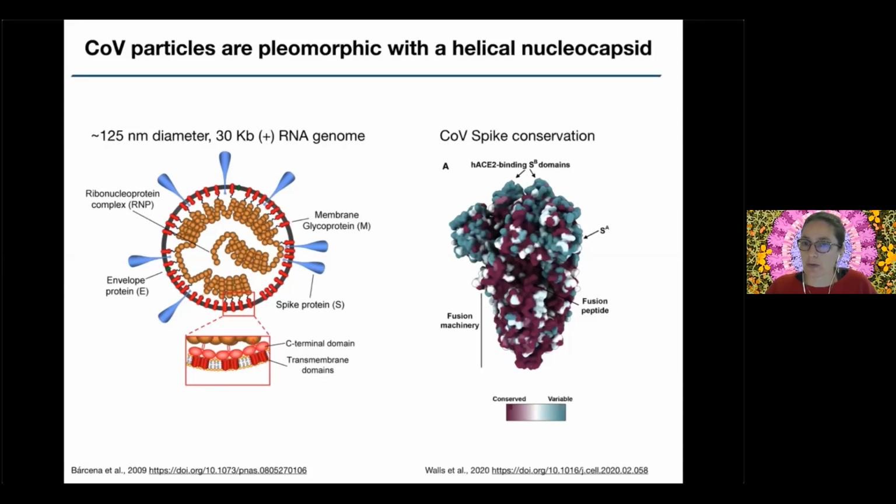So the purple residues are highly conserved. The teal ones are less well conserved, and those teal ones are in the part of the protein that is interacting with the ACE2 receptor.